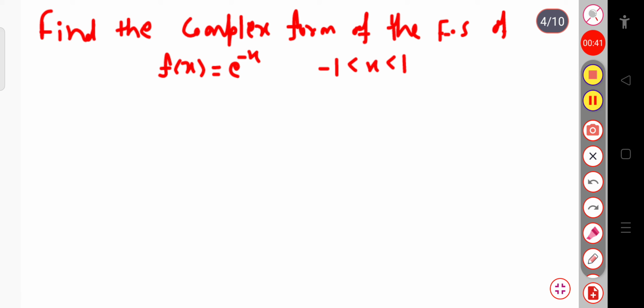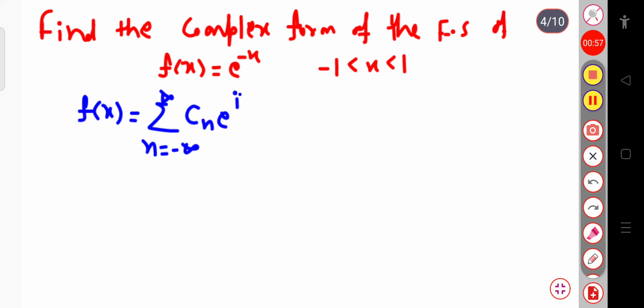From the previous lecture we have already discussed that for the complex form, the Fourier series can be expanded as f(x) equal to the sum over n from minus infinity to plus infinity of the coefficient Cn times e^(iπnx/L).